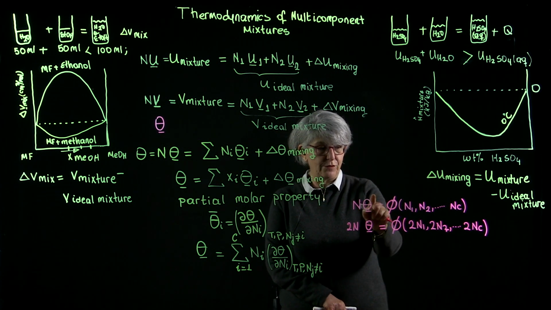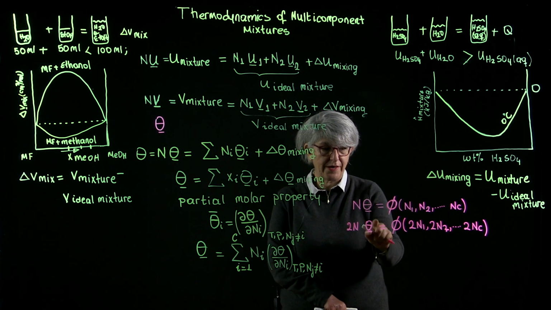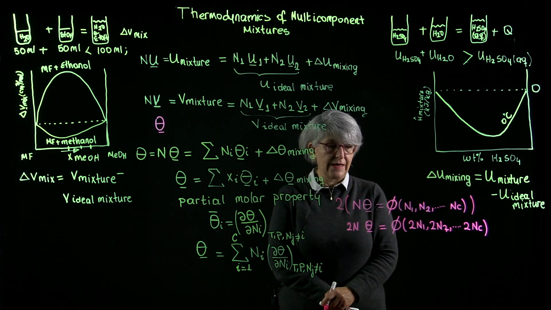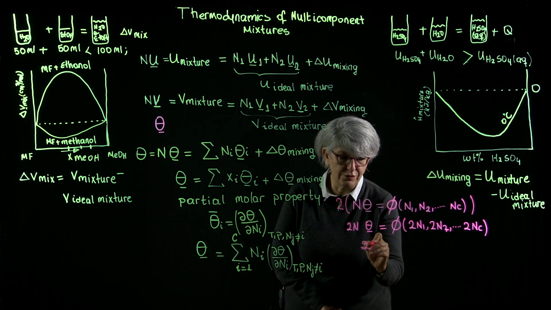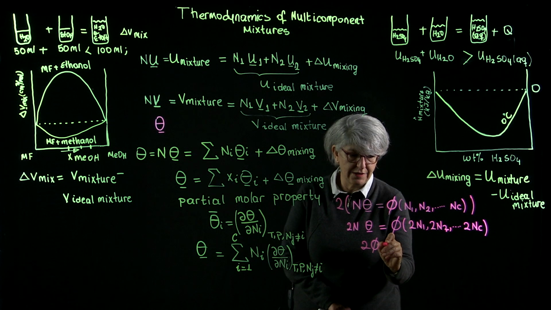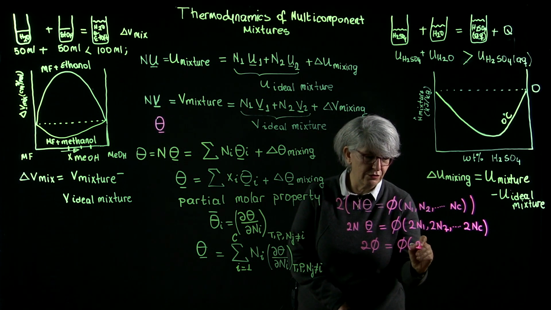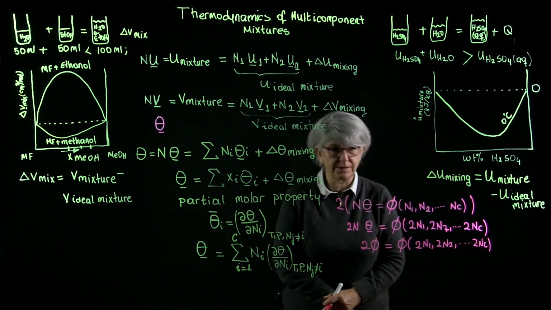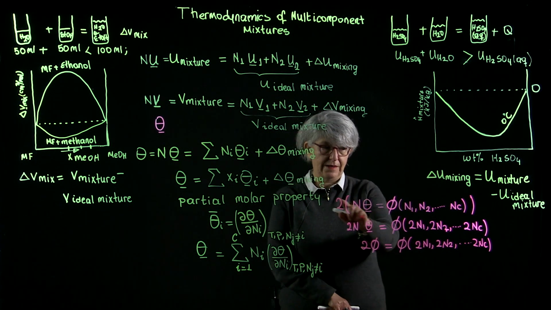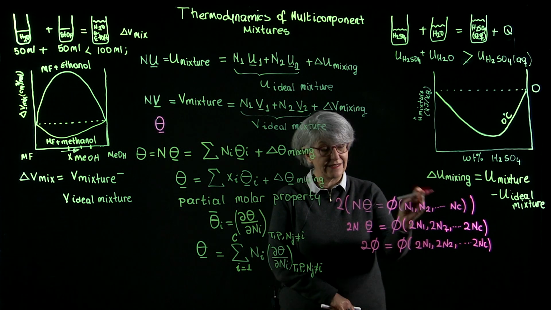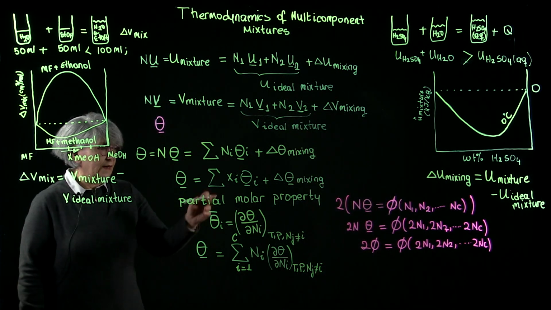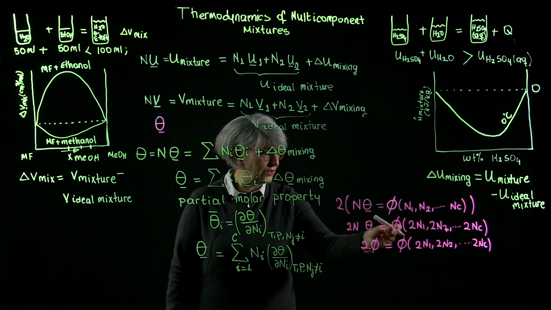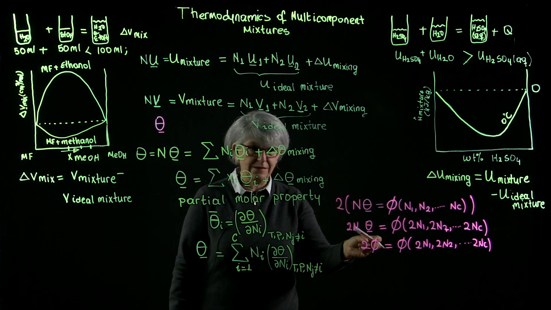Now, if I compare these two expressions, if I multiply this by 2, all right, I get the following relationship. 2 phi, that is coming from here, is equal to phi of 2n1, 2n2, and so on and so forth. All right? This is how I get the linear relationship. This is how I conclude that the relationship is linear. Now here I established that the relationship is linear, or I can just take a multiplier outside the equation, all right, and get the same, twice as many.